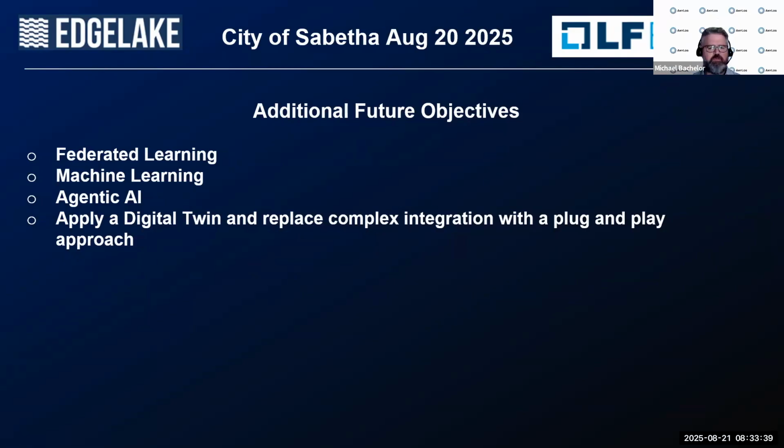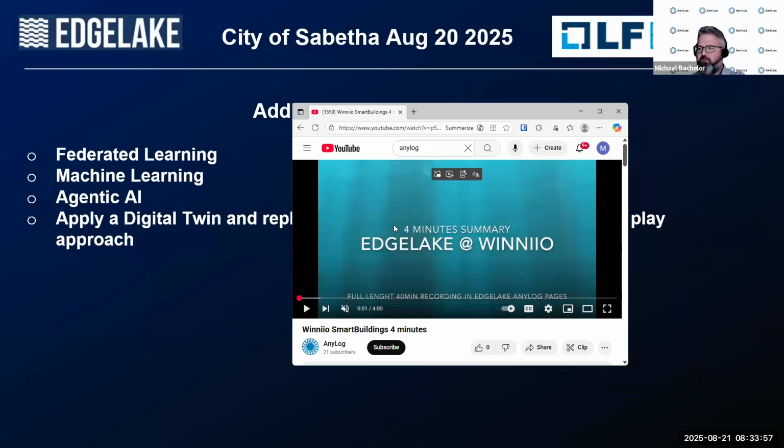There is, and I'm going to give a slight, brief little plug. I'm going to take Moishe's lead on this. Brief little plug. We're not going through this. I just want to point it out so that people can go see it for themselves if they want to. There's a partner with EdgeLake that has integrated EdgeLake into their digital twin, and they talk about the architecture setup difference and how it's simplified.